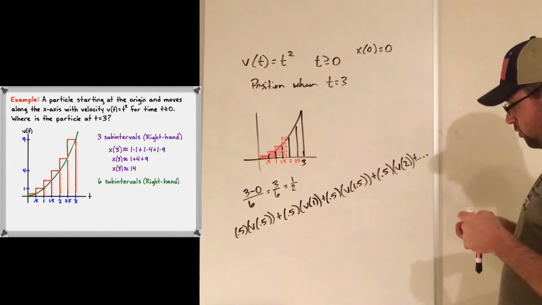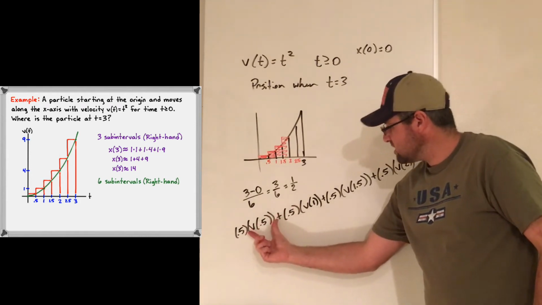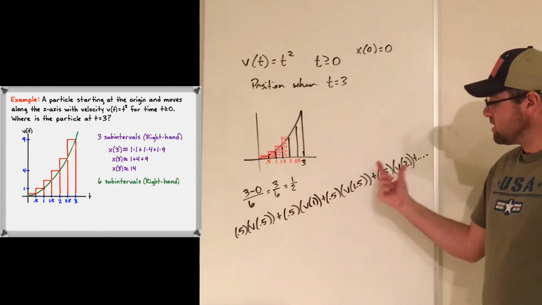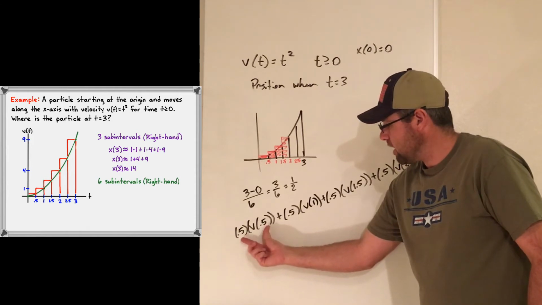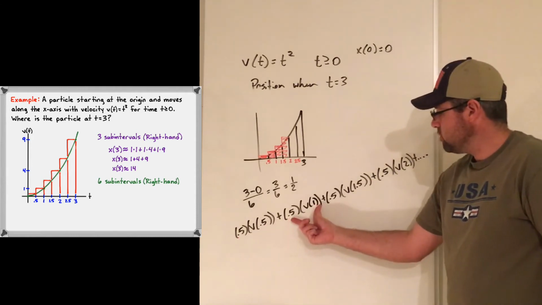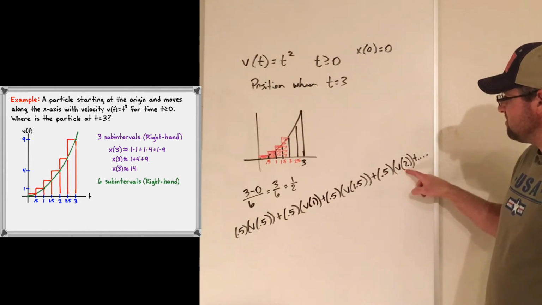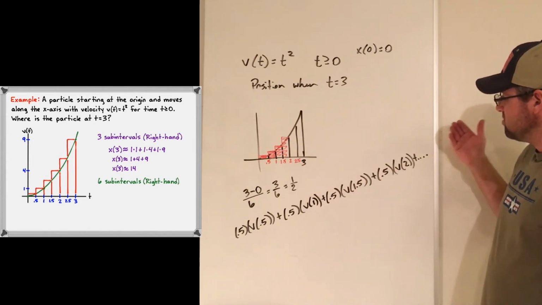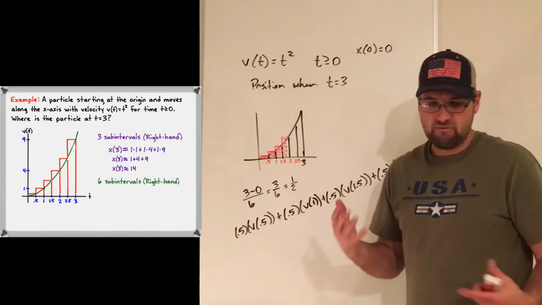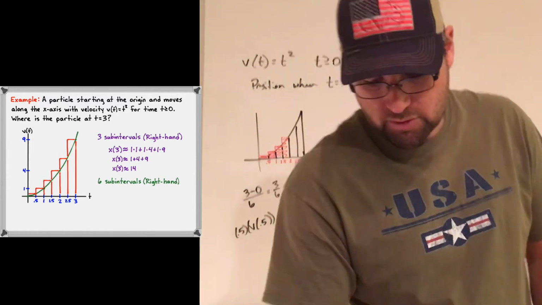We should have, when we're done, 6 rectangle areas. So there's one of them, there's 2, 3, 4, I'm missing 2 of them. The next one will be 0.5 times v of 2.5 plus 0.5 times v of 3. That would finish out the 6 subintervals, okay?